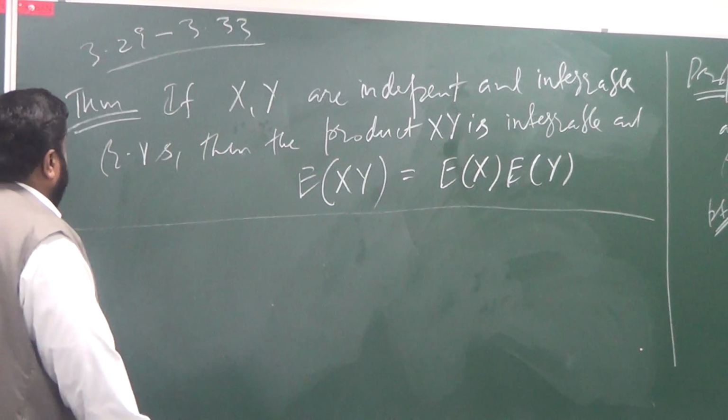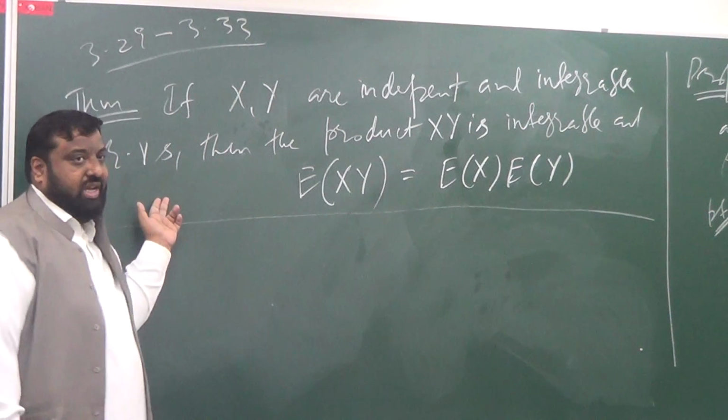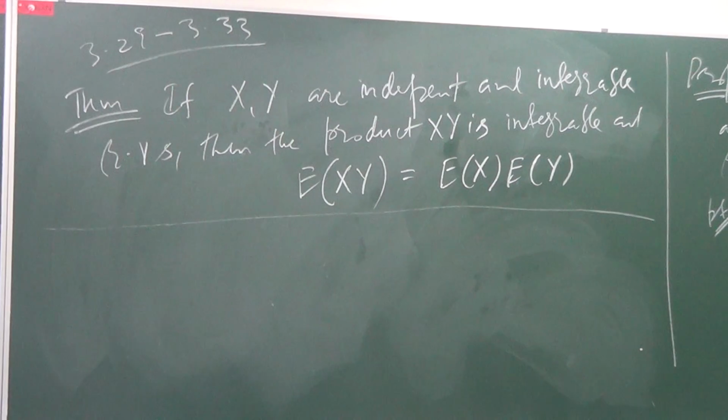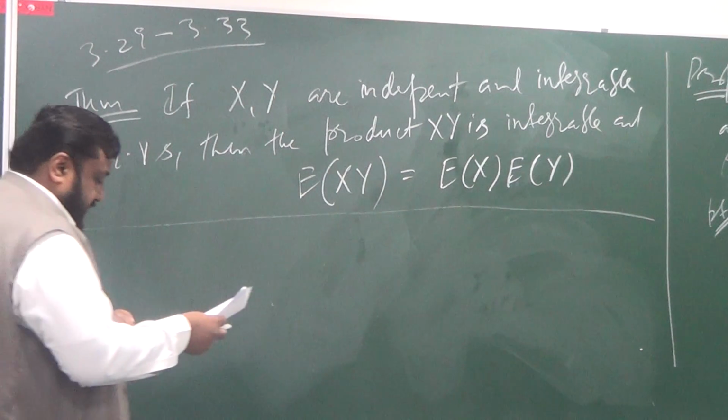So the n equal to 2 case, you have done it. The basis step is this. So you just have to show the inductive step, but the inductive step would also follow from here. If you assume that k are independent, then the product of k plus 1 can be written as the product of k times the (k plus 1)th, and then the whole argumentation follows.